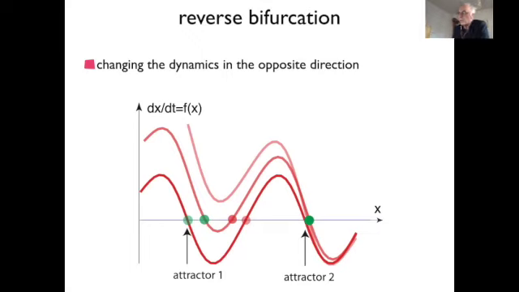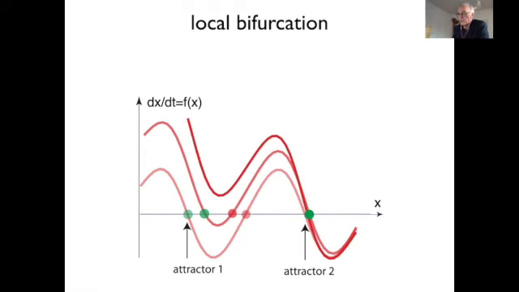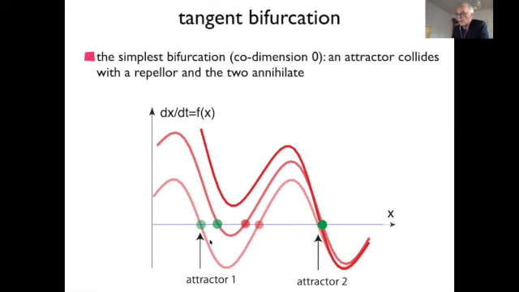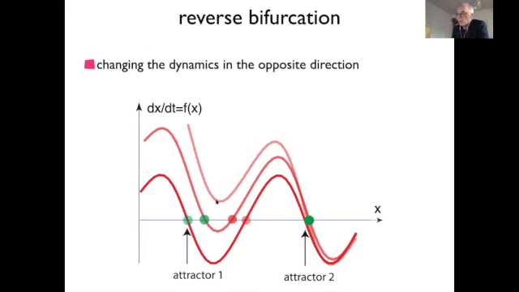Just wanted to say, you can experience this bifurcation in a system that you model in two directions. You can experience it, as I just suggested so far, going from this state to the state without an attractor, or you can go from the state without an attractor to the state with an attractor.